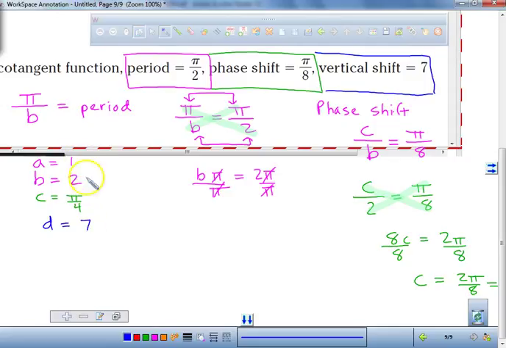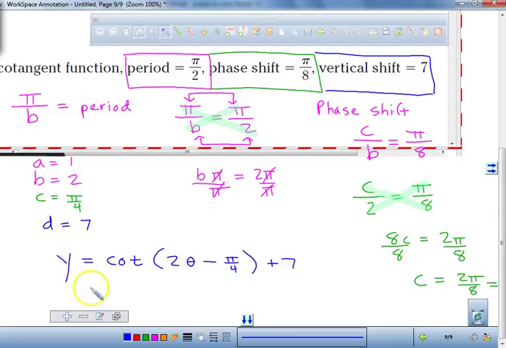So we're just going to take these numbers and plug them into our cotangent function. Here's how I'm going to write it. Y equals the cotangent of, my B value is 2, so I'm going to write 2 theta, and put minus my C value, which is pi over 4, and then I'm going to take my D value and put plus 7.